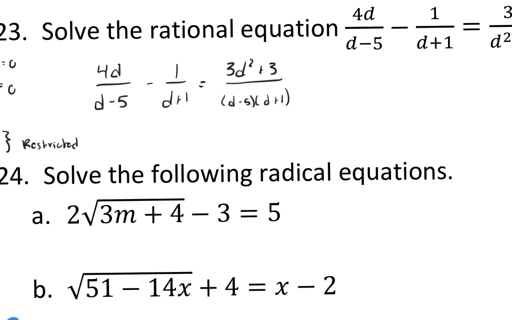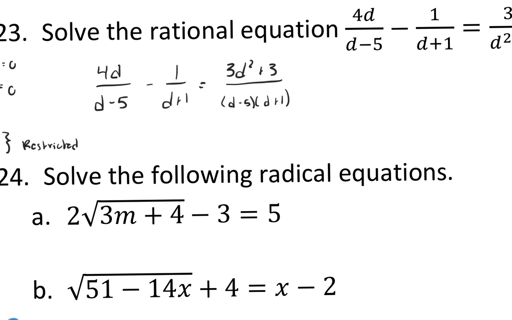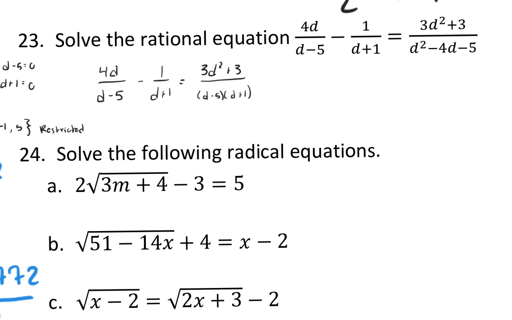Okay, so next step here is I'm going to just make a common denominator between these two terms. So to do that, we want to have the same value in our denominator, right? So our common denominator is going to look sort of like this.